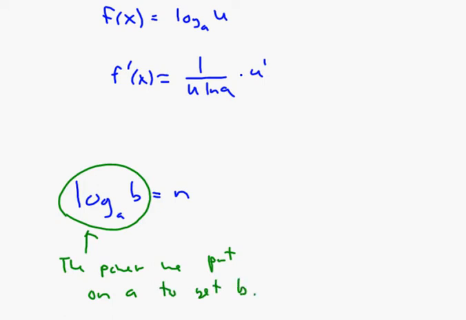That's what log base a of b means. So I'm calling that power n here. I'm saying n is the power we put on a to get b. So a to the n equals b. That's how you take something in log form and write it in exponential form.